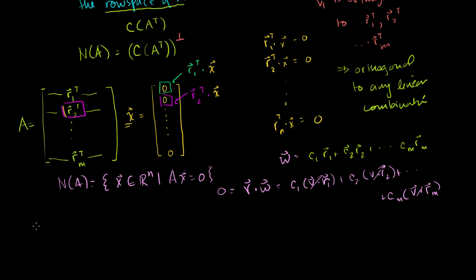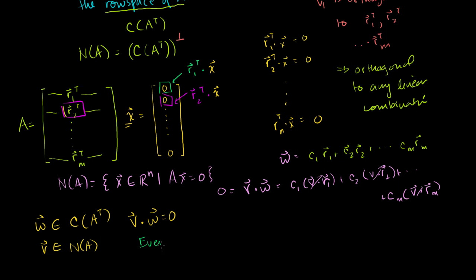So if W is a member of the row space, which you can just represent as the column space of A transpose, and let's say we know that V is a member of our null space, we know that V dot W is going to be equal to 0. I just showed that to you right there. So every member of our null space is definitely orthogonal to every member of our row space. So that's what we know so far.